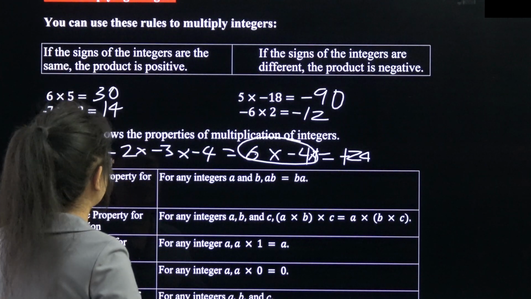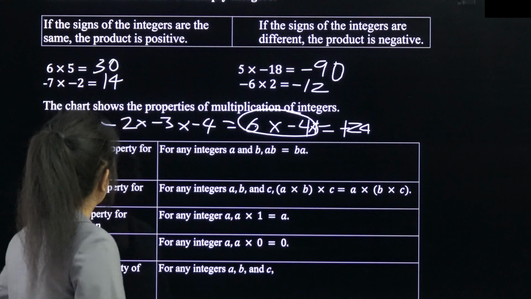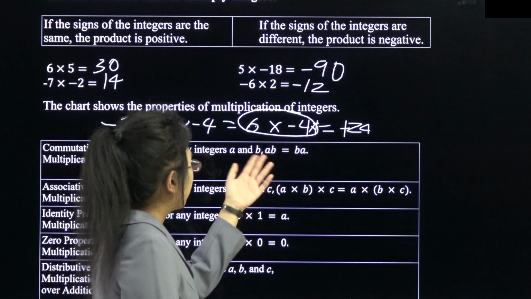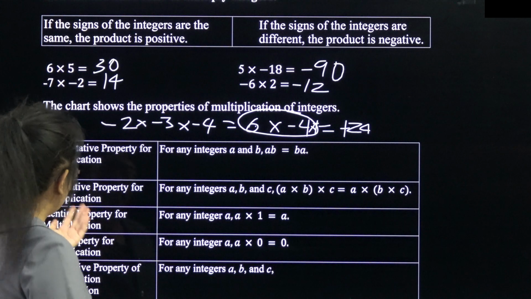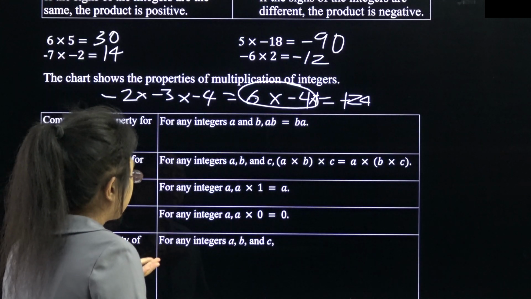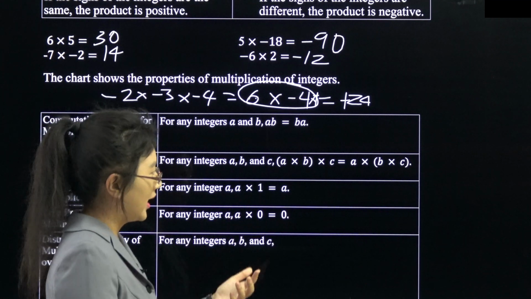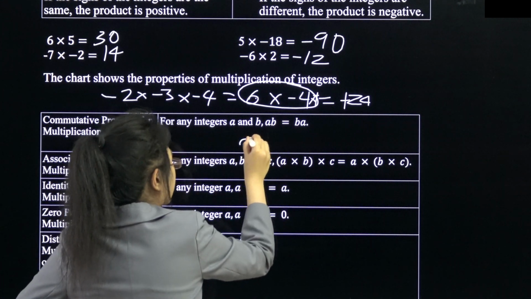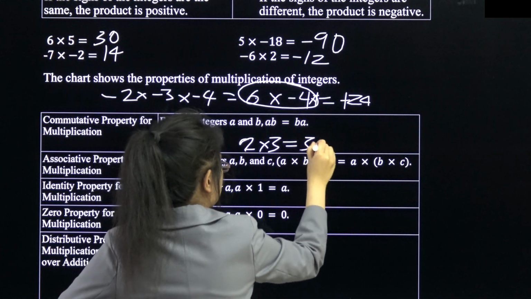But for the properties of multiplication, well, they're basically the same. There's a commutative property for multiplication, so A times B equals B times A. The associative property for multiplication: for any integers A, B, and C, (A times B) times C is equal to A times (B times C). Such as, for the first one, 2 times 3 equals 3 times 2.